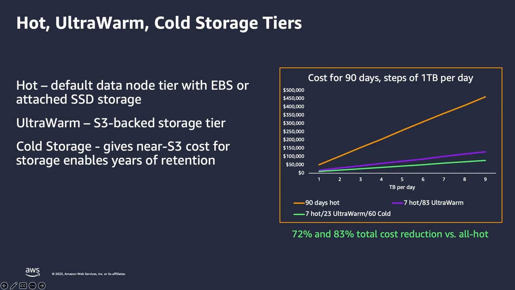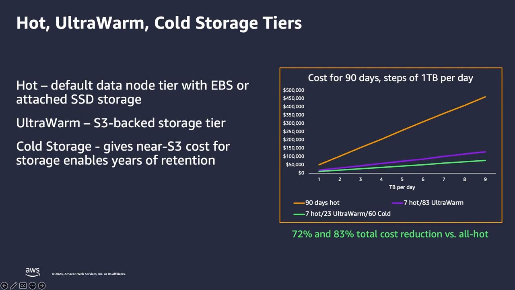In this example, you can have a hot tier, which is the default data node tier that is backed by EBS or attached SSD storage. And then the next tier will be ultra warm, where you have instances backed by S3, and the next tier will be cold storage, where you can store or archive your data in a near S3 cost for years of retention.